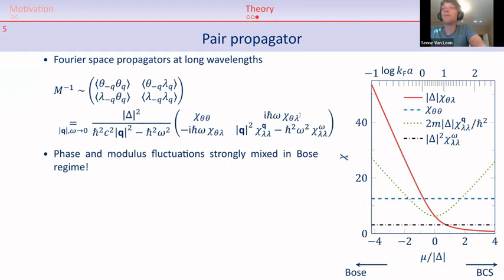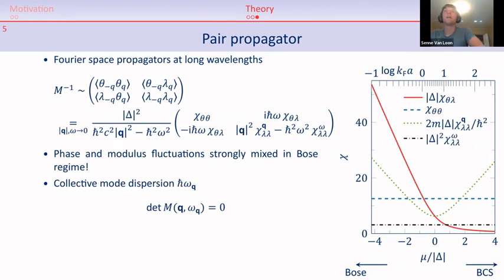Because if you look at the mixing terms, which are controlled by this chi_theta_lambda, which I show here with the red line, again changing the interaction, you see that if you go to the Bose regime, this mixing term becomes really important. So sometimes in theories they're only looking at the phase fluctuations, but in the Bose regime this is incorrect. You really need the mixing of the phase and modulus to correctly describe the system.